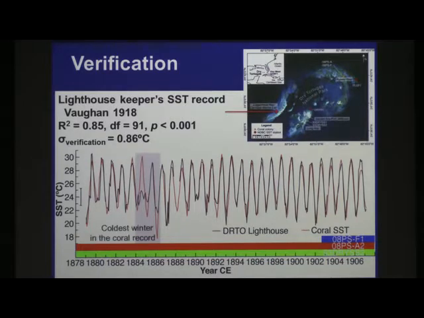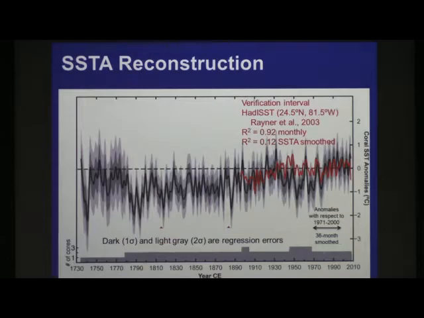The other thing is we have a very cold year here in the coral record. This is the coldest winter in the whole record. It is duplicated in both cores. Again, these are two cores 10 kilometers apart. So I think this is real, but it's not captured in the temperature record. So there are two discrepancies within the verification interval.